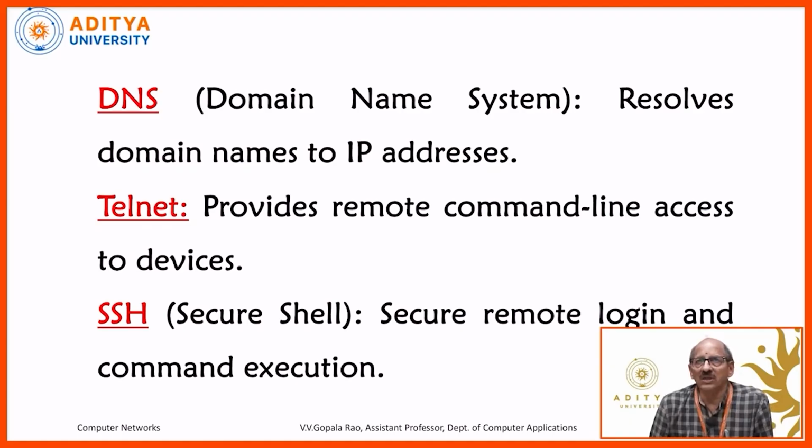We are going to see how many types of addressing there are in the next slide. But it is very difficult to remember all the addresses, because the address is in the form of a number system. So, it is very difficult to remember all the numbers. So, alternatively we are going to identify a particular system with its domain name.